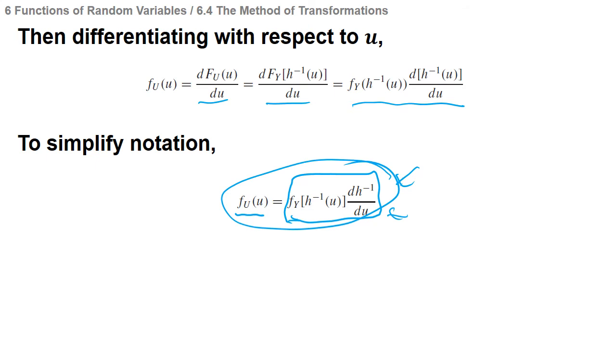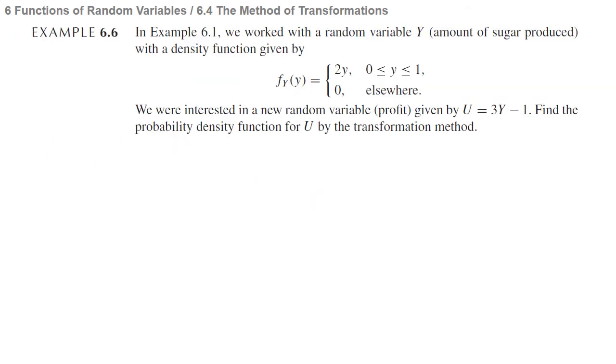Okay, let's try to solve example questions. Here is example 6.6. In example 6.1, we worked with the random variable y, the amount of sugar produced, with the density function given here. We were interested in a new random variable given by u equals 3y minus 1, and we want to find the probability density function for u by the transformation method.